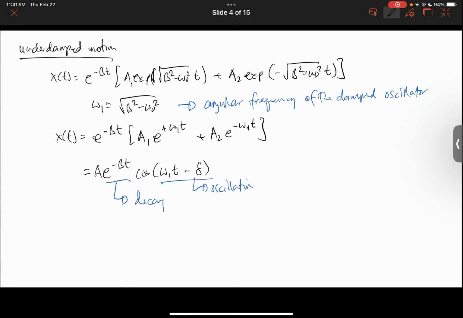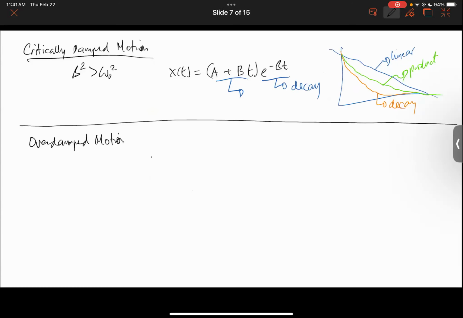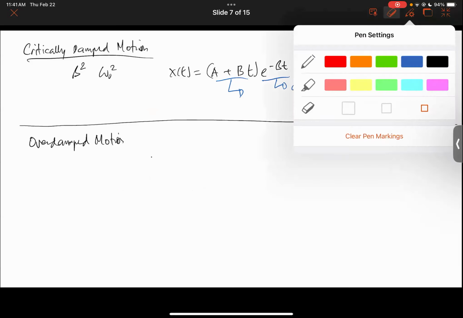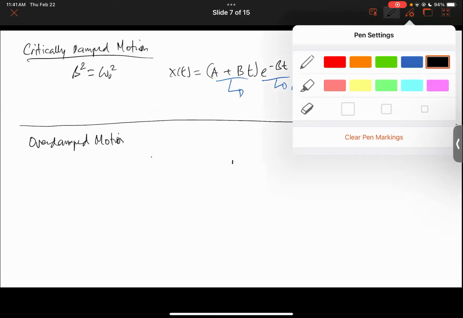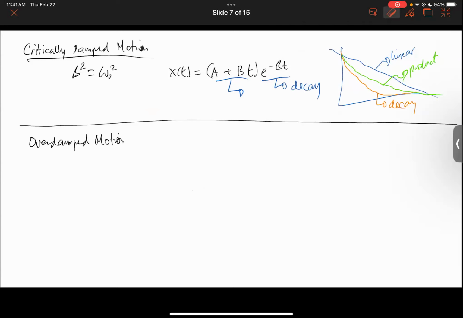Critical damping is beta squared equal to omega naught squared, not zero. For overdamped motion, we have beta squared greater than omega naught squared.